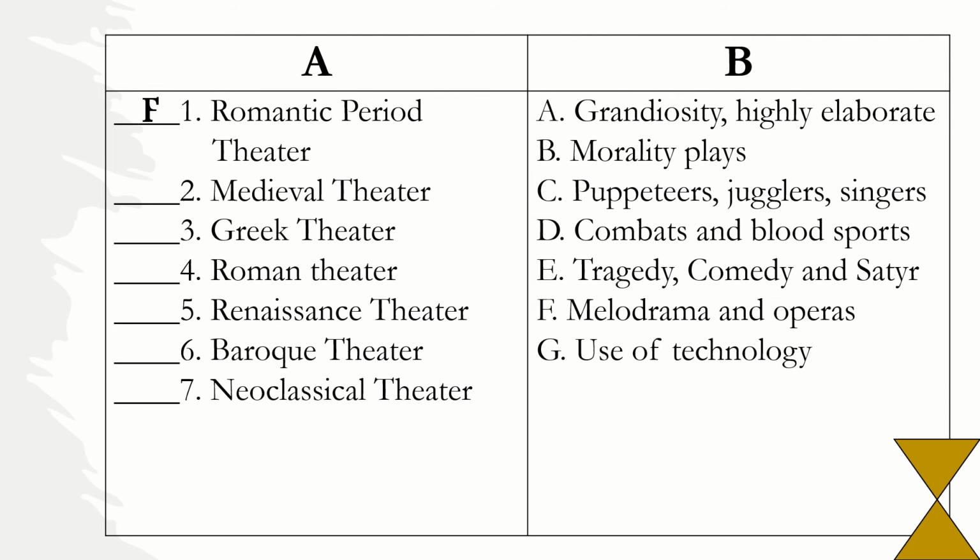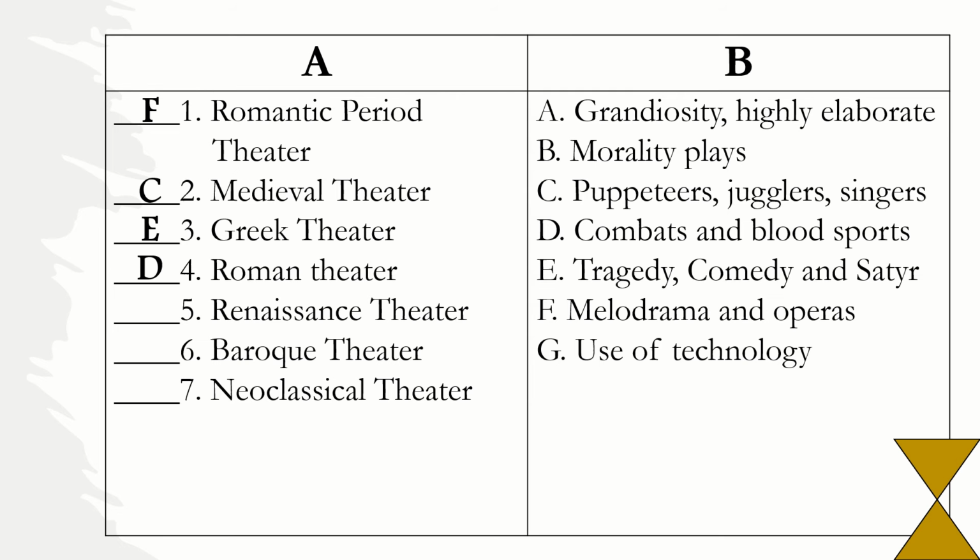1. Romantic period, theater, letter F, melodrama and operas. 2. Medieval theater, C, puppeteers, jugglers, and singers. 3. Greek theater, letter E, tragedy, comedy, and satire. 4.